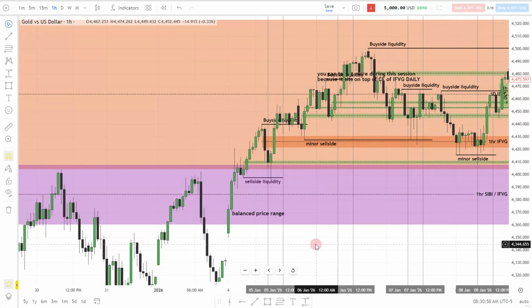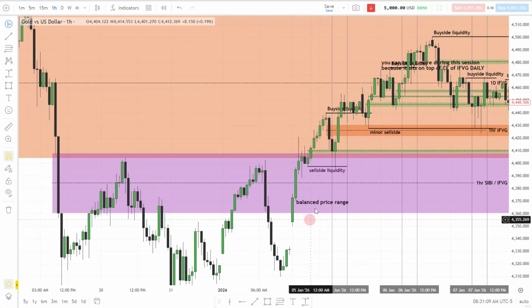What happens with balanced price ranges? Price doesn't need to come back to fill this imbalance, because it just filled those orders that were here. It just filled all these imbalances with other imbalances.